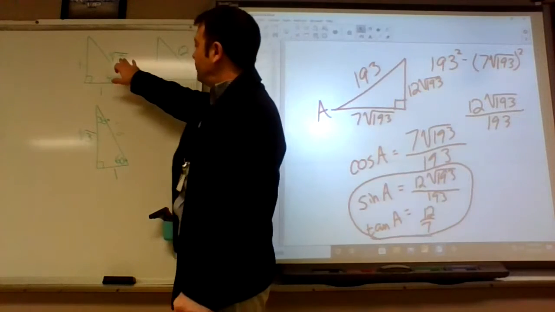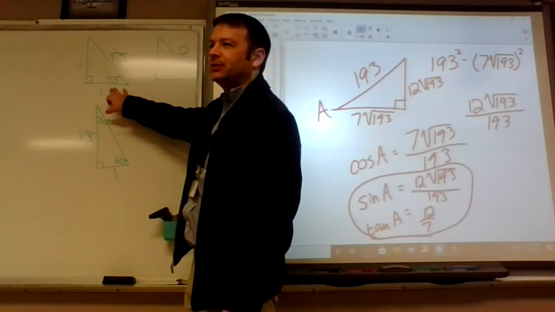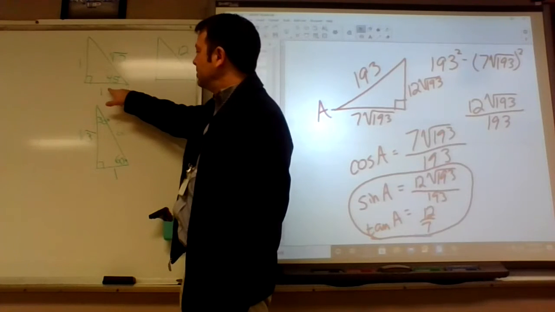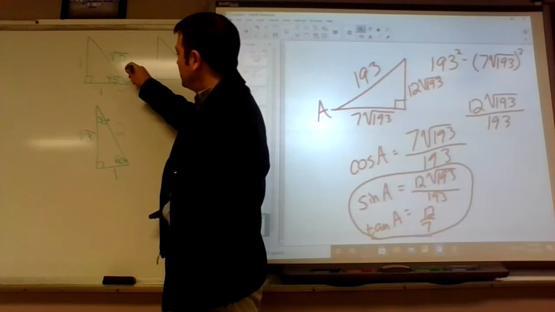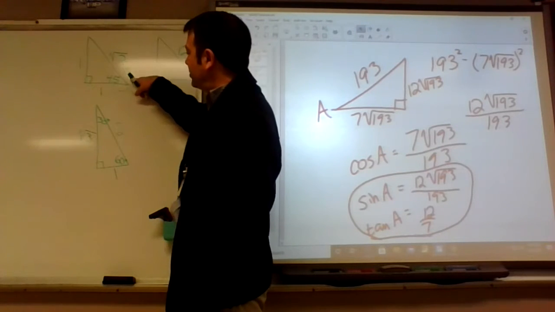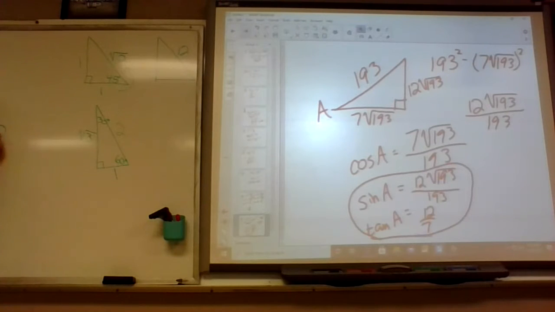Okay, so how do I move from hypotenuse to leg on a 45, 45, 90? If I'm moving from leg to hypotenuse, what do I do? Times square root of 2. So if I'm going backwards, it's divided by square root of 2. How do we do 12 divided by square root of 2? Well, either have a Casio and just plug that in, like division, or you get rid of the square root of 2 on the bottom by doing that.